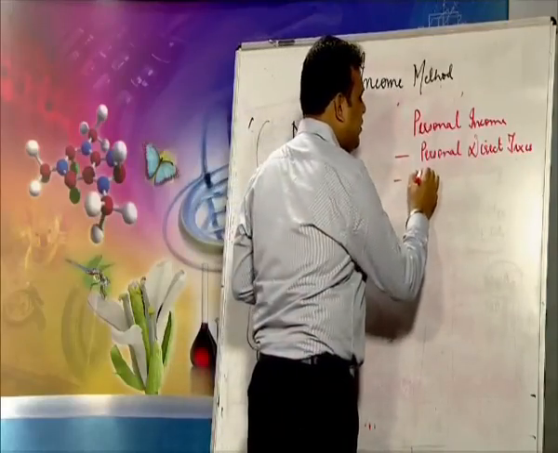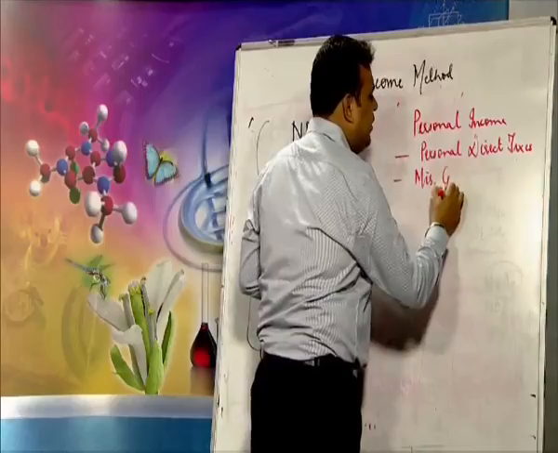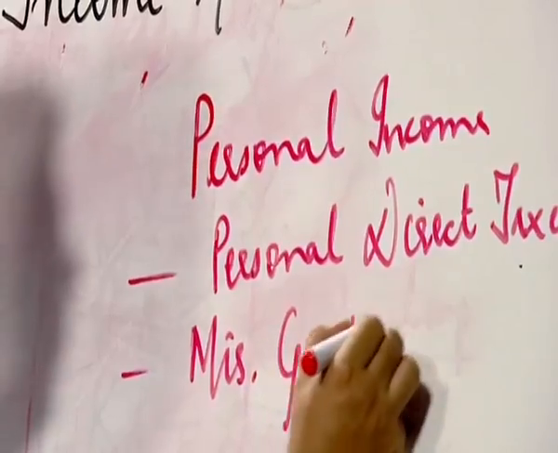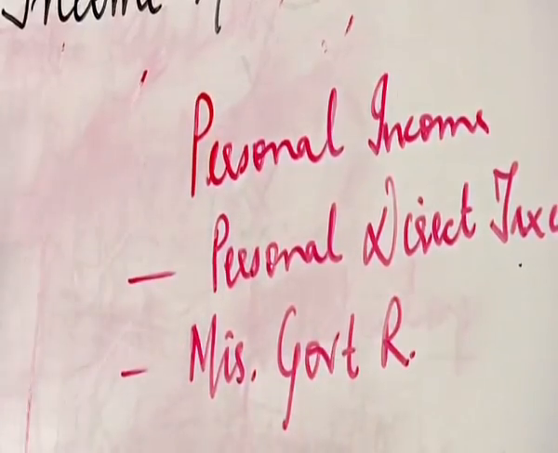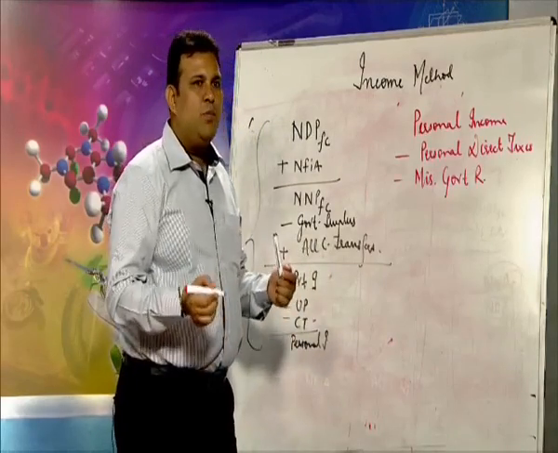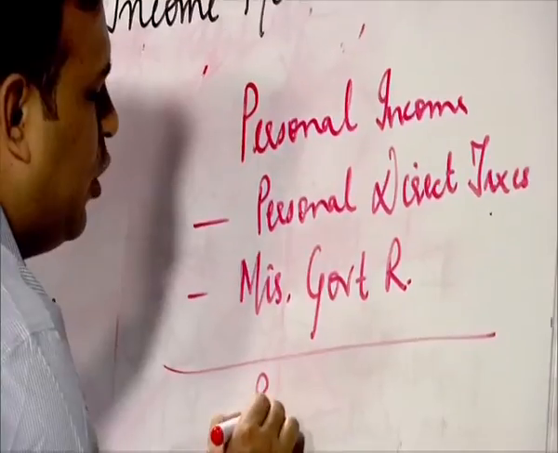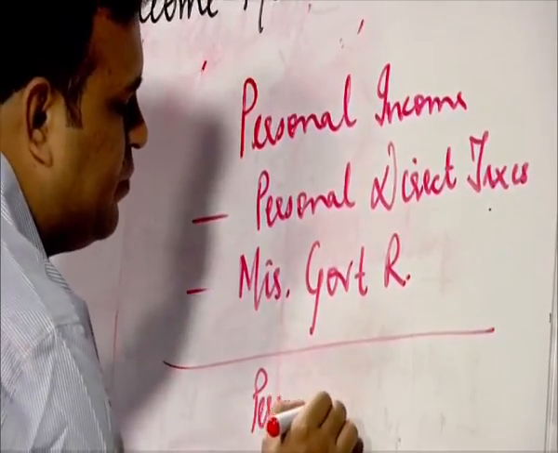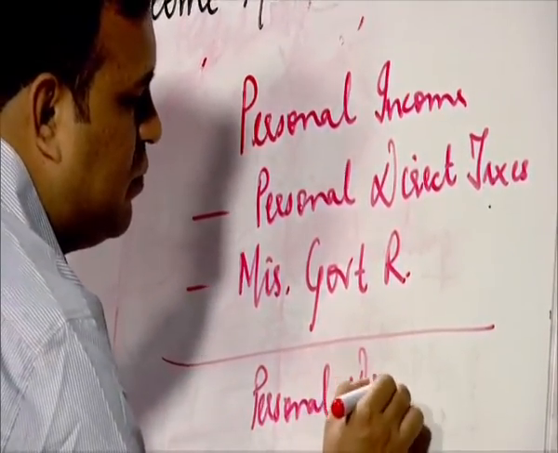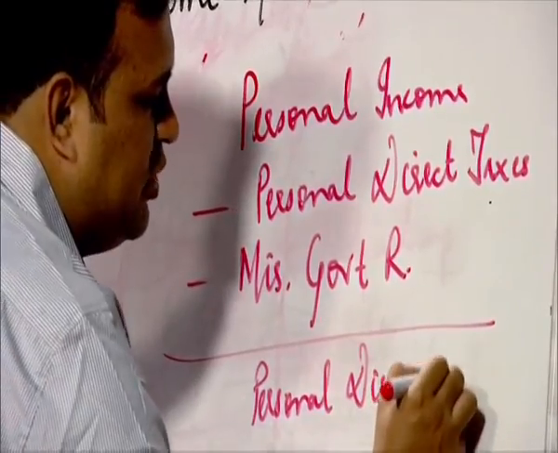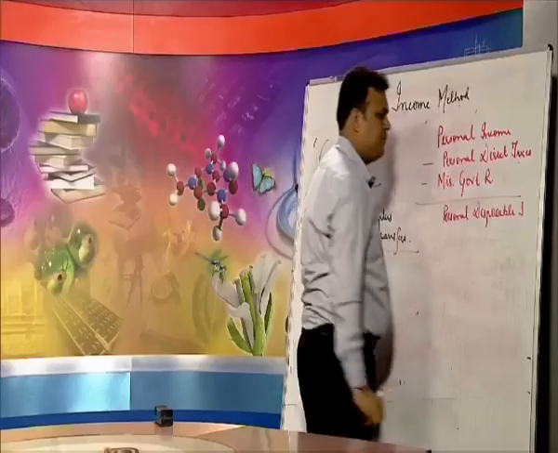We also make many payments to government, so miscellaneous government receipts like your school college fee, your passport fee, your license fee. The remaining income is your disposable income.